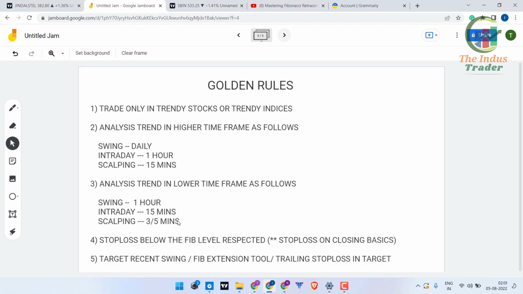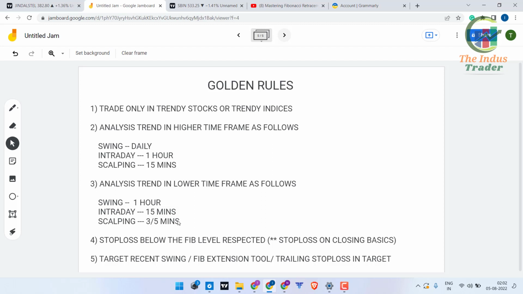And the fourth point is the stop loss should be below the Fibonacci level it respected. For example, let's say we have taken a Fibonacci retracement from high to low, and this particular script or stock respected the 0.5 level and closed above the 9 EMA, then we have taken the entry, and our stop loss will be below that 0.5 level, or below the respected candle's low on a closing basis.